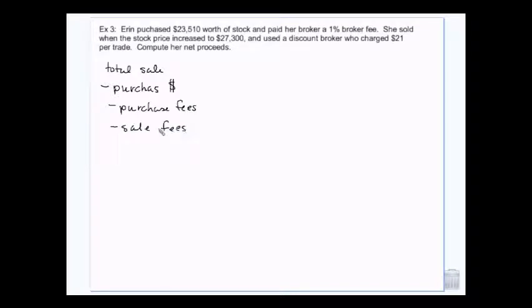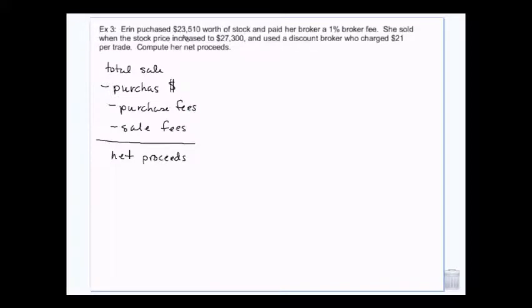And that gives you the net proceeds. Okay, so you have to take out both sets of fees because you've paid that money, and also how much you bought the stock for.